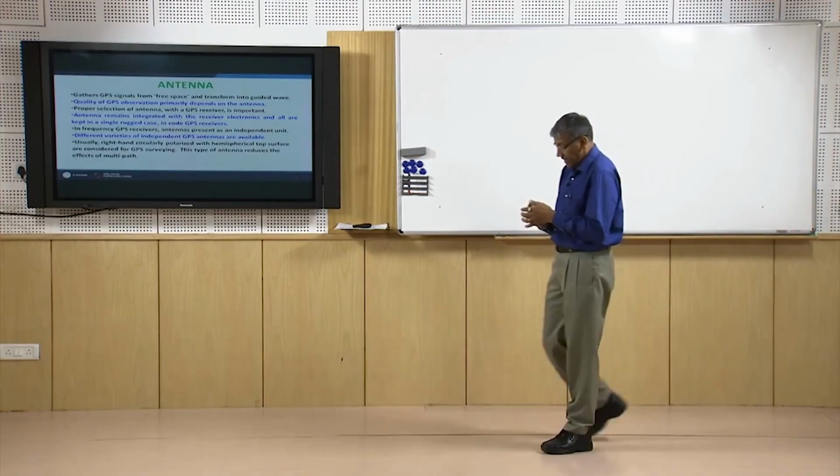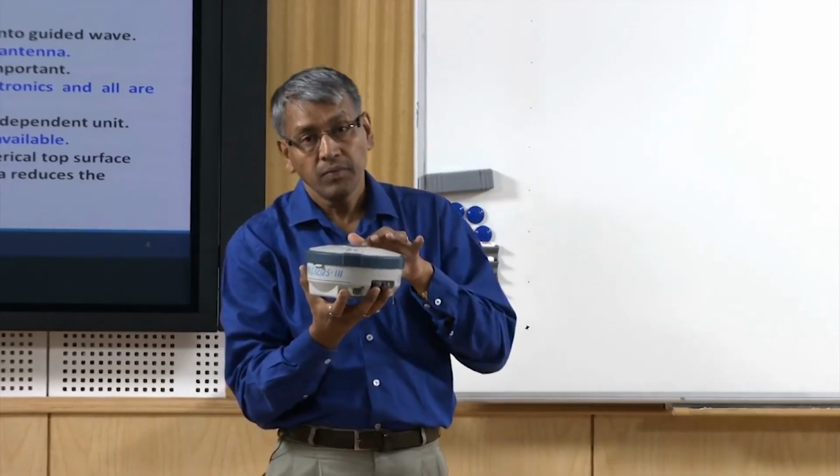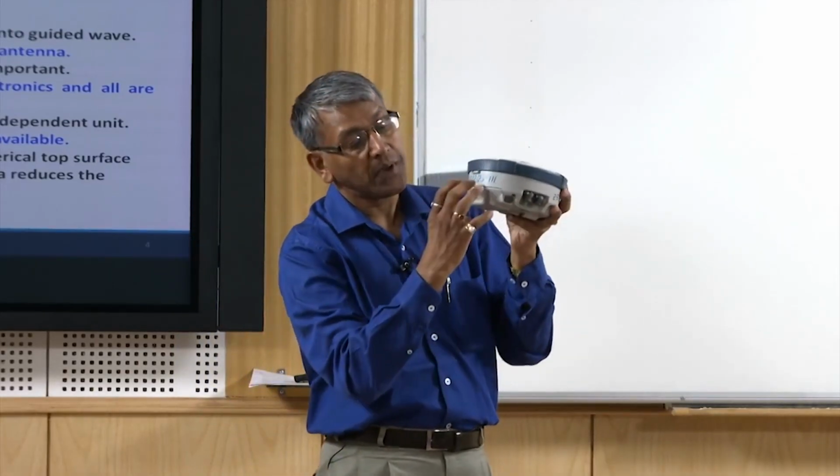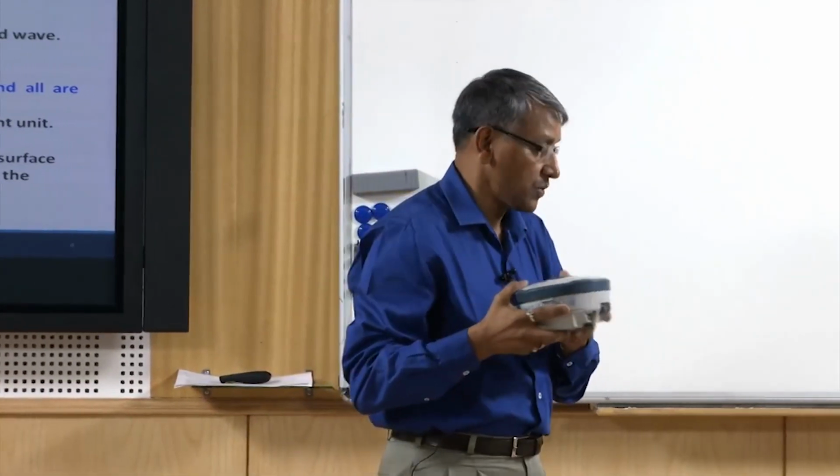Now this is an antenna which is attached with only a receiver, so no controller is connected with it. Again this is an antenna which is connected to a GPS receiver, but a controller is not associated with it.